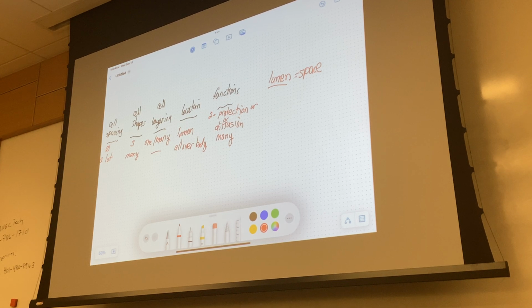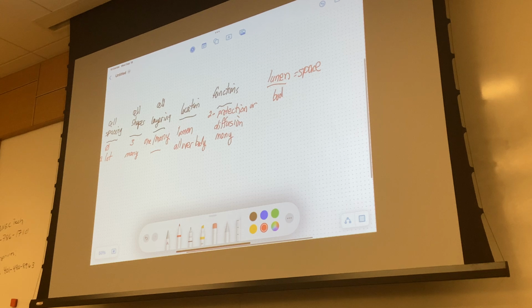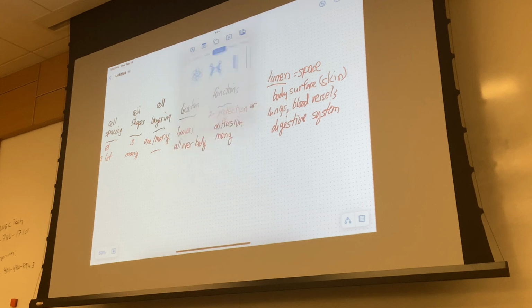Spaces include the body surface, the skin. So the lumen will be the body surface, and it also includes the lungs, blood vessels, and the digestive system.